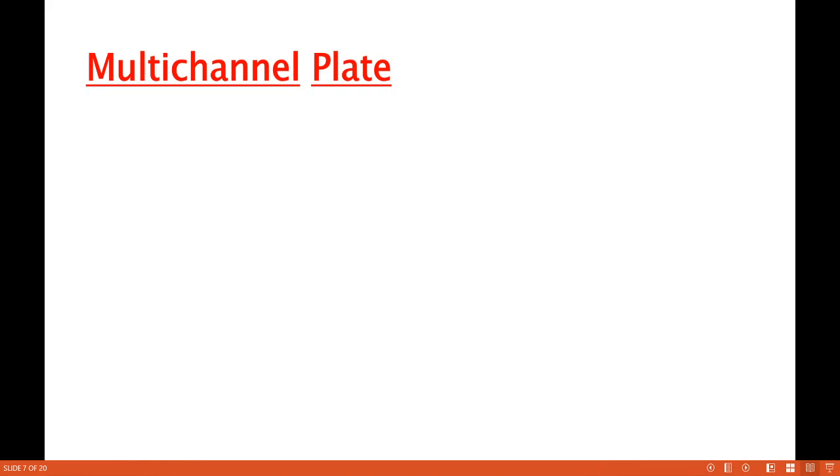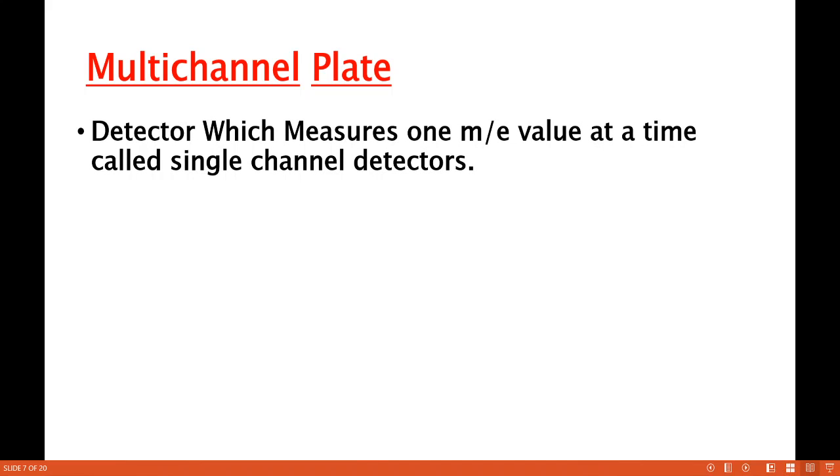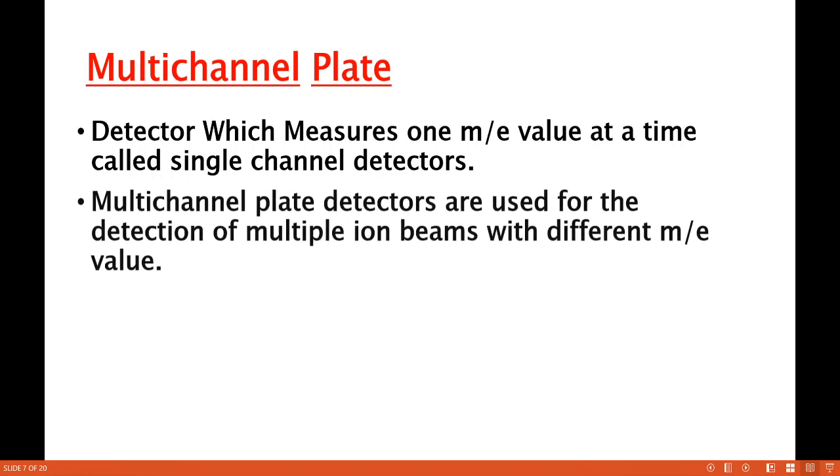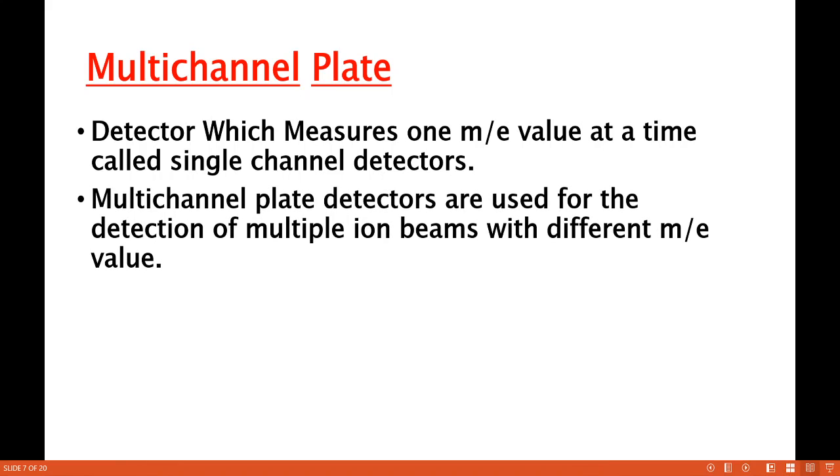Then the fourth detector is the multi-channel plate detector. The detectors which measure one m/z value at a time are called single channel detectors. In the multi-channel plate detectors, the detection of multiple ion beams with different m/z values takes place.